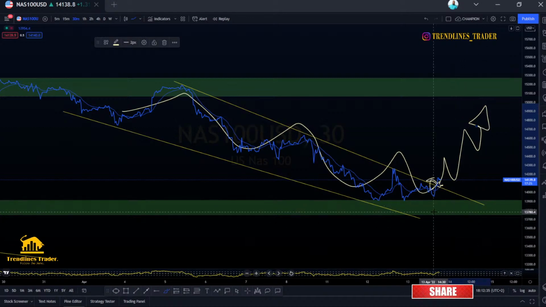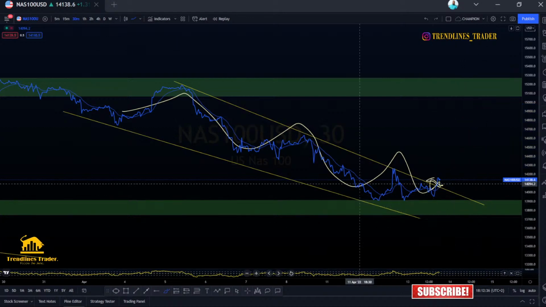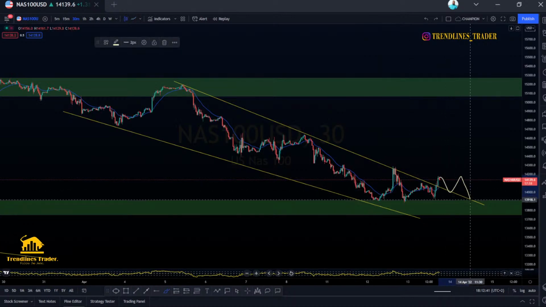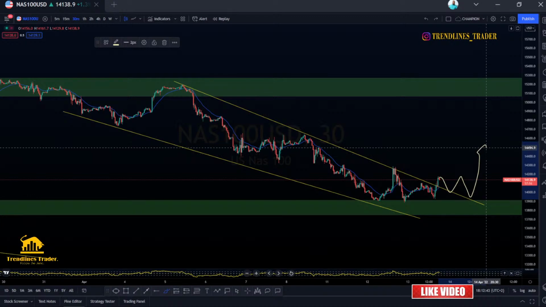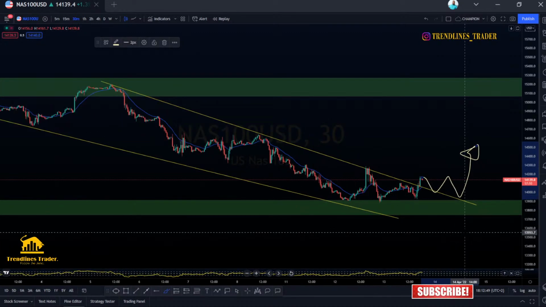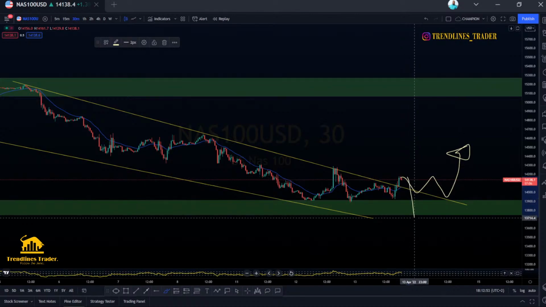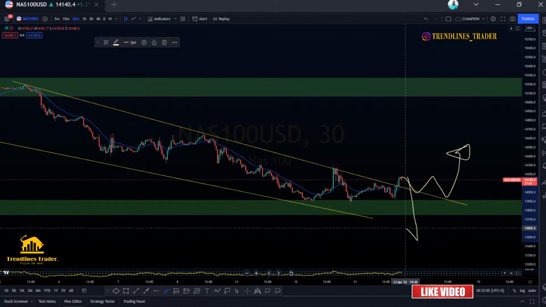If it doesn't, we will just continue to witness the price playing around the area, maybe before it pushes towards the upside. But if it continues to play around the area, you know, it's Nasdaq. Anything can happen. It can come back and break out of this area.